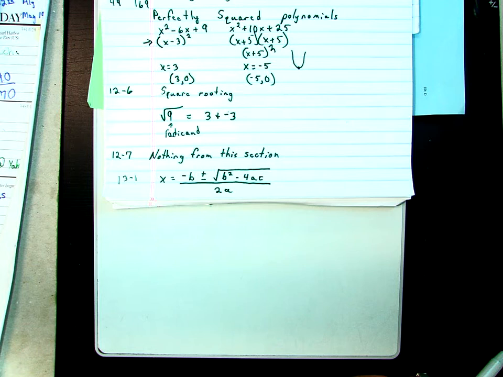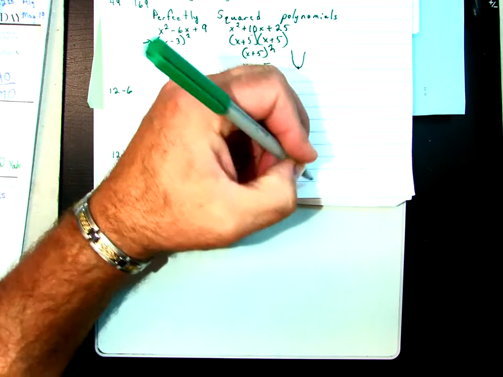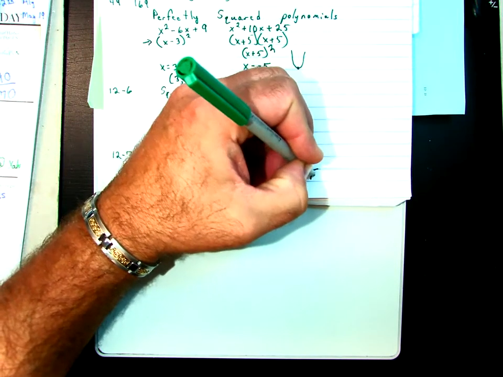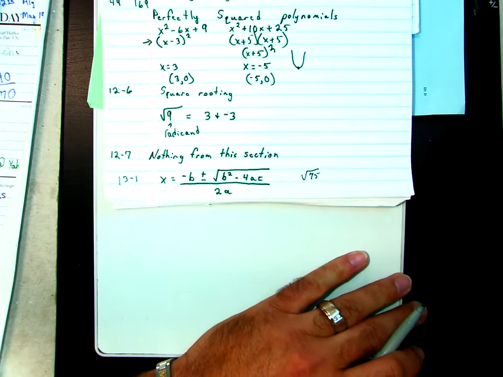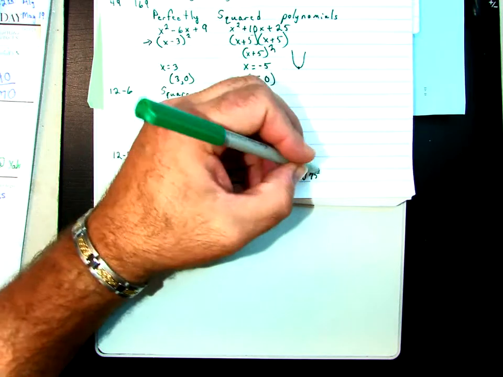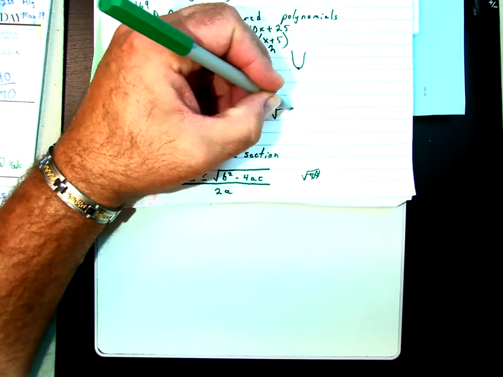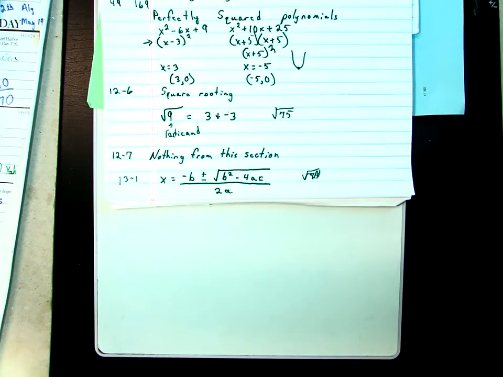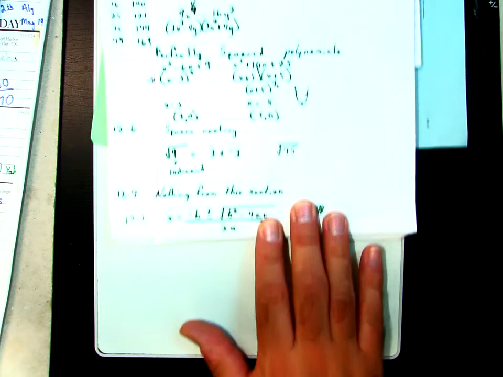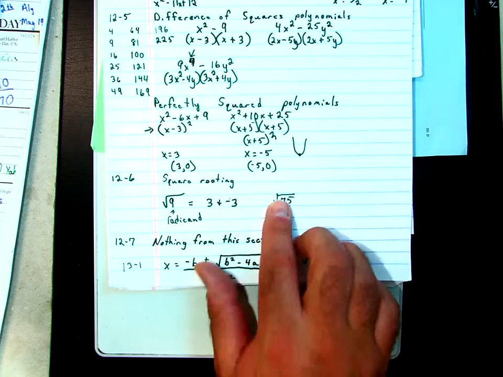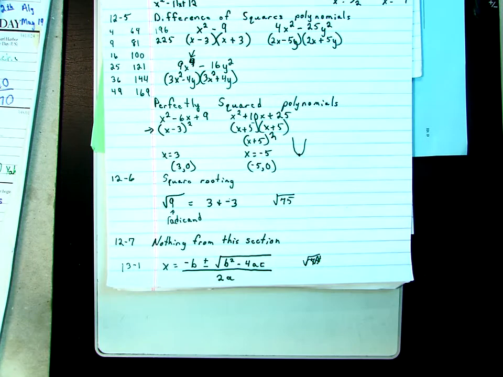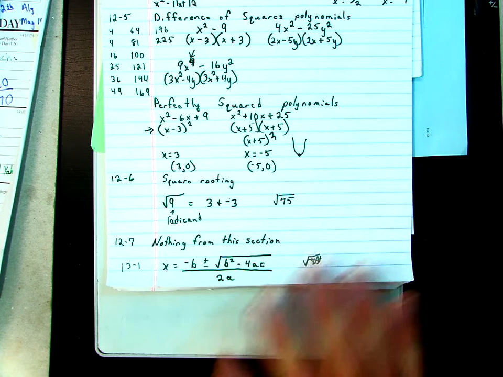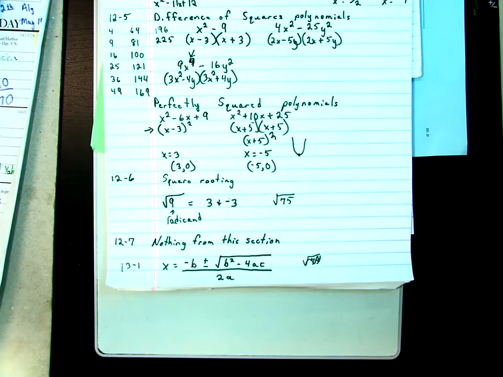If I were to square root something really goofy, like 75, the square root of 75 does not square root evenly. So I try to find a perfect square that goes into it. This is what we call simplifying a radical. And I'm not going to get in depth on that. Why?